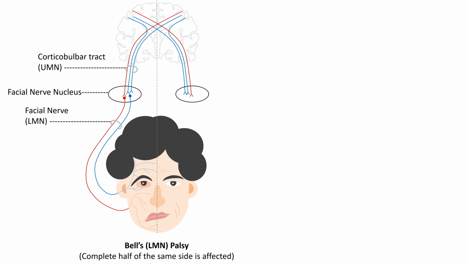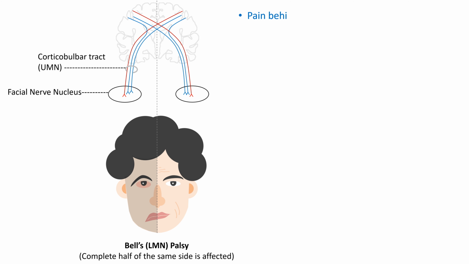Now, let's see the clinical features of Bell's palsy. Consider that the right facial nerve is lesioned. Due to this lesion, there is complete loss of control over complete right half of the face. In such a condition, following clinical features can be found. Pain behind the ear may occur 1 to 2 days before the paralysis sets in.